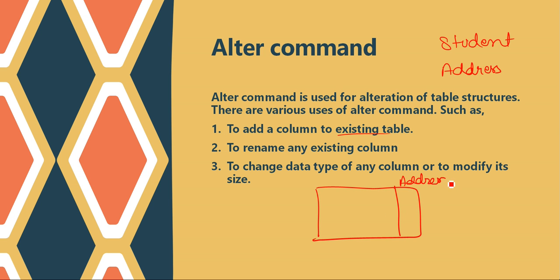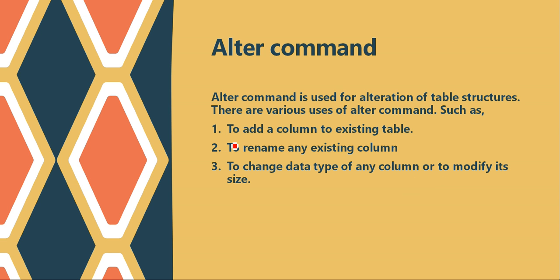So how can we do that? Again, we need to write a query to do the same. This alter command is going to perform our task. We are going to look at how we can do that, but for now, let's see what kind of things alter command can do. It can rename, or it can add a new column.